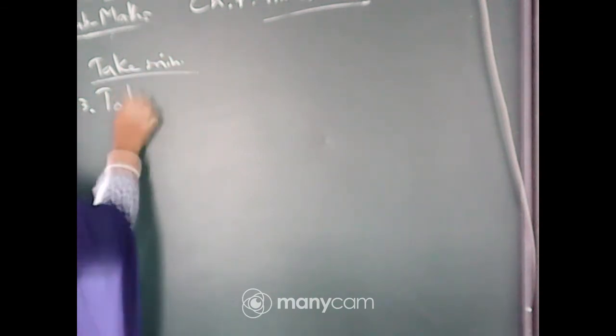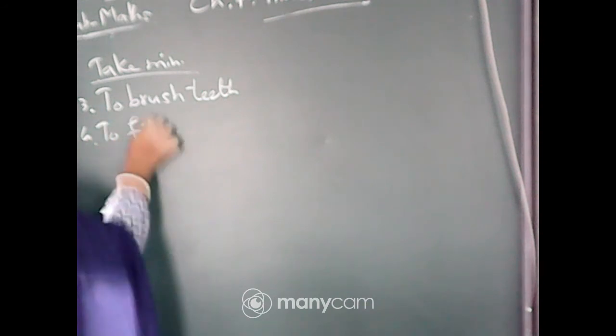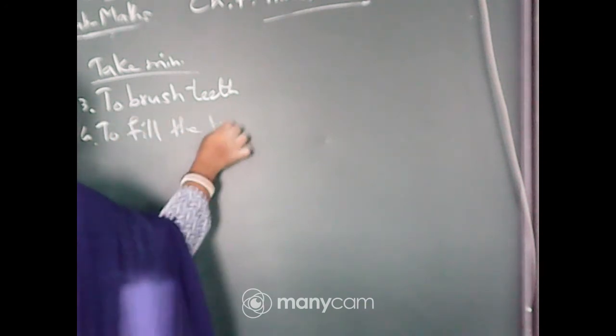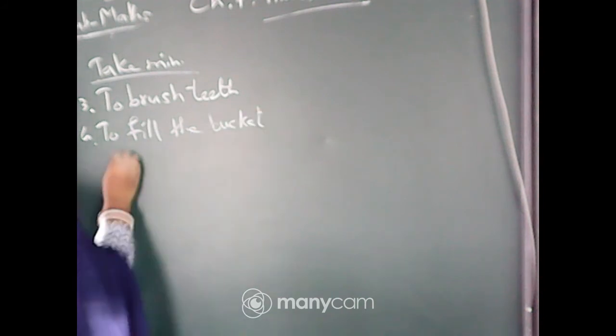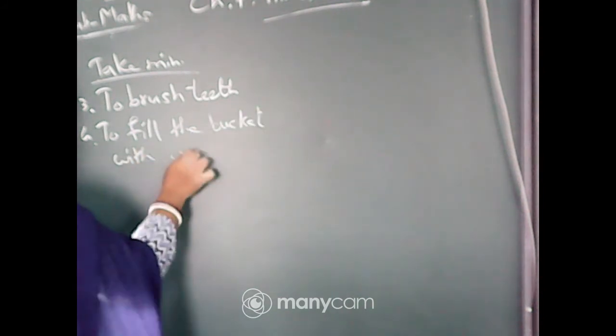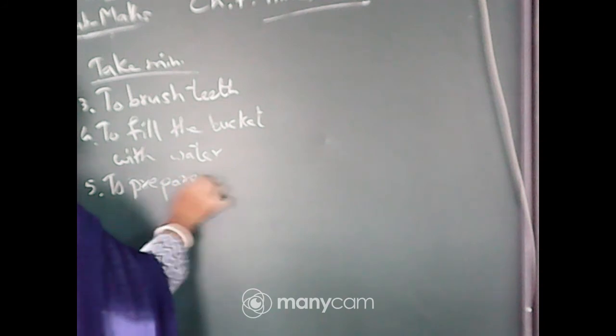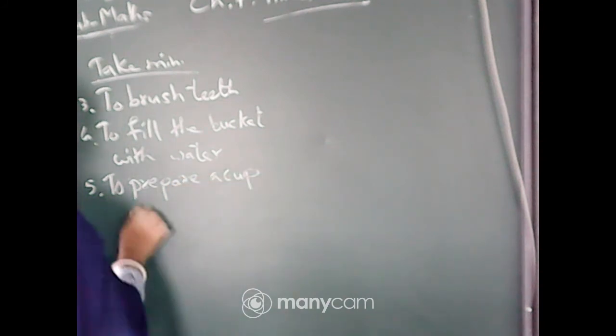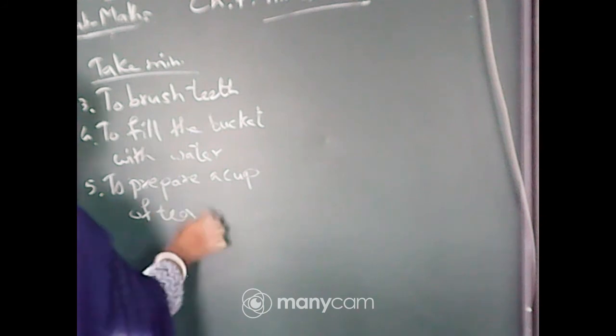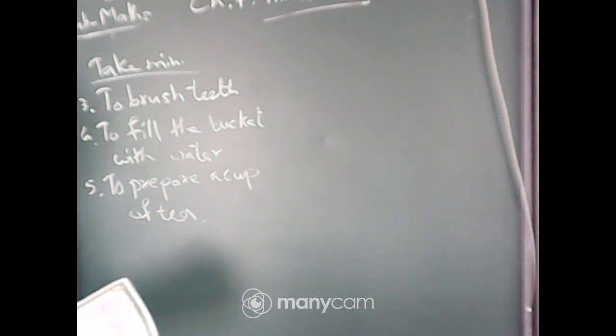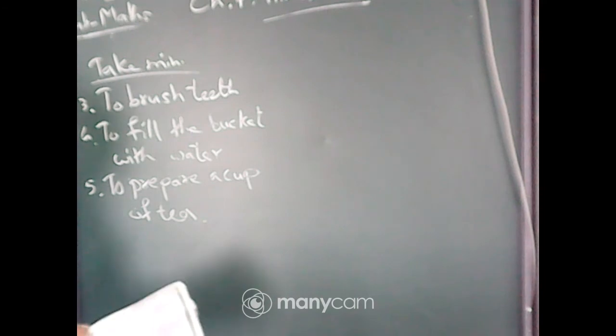In that column you write. I am writing number 3rd. To brush the teeth. To fill the bucket with water. And to prepare a cup of tea. So these are the activities which take minutes to complete.